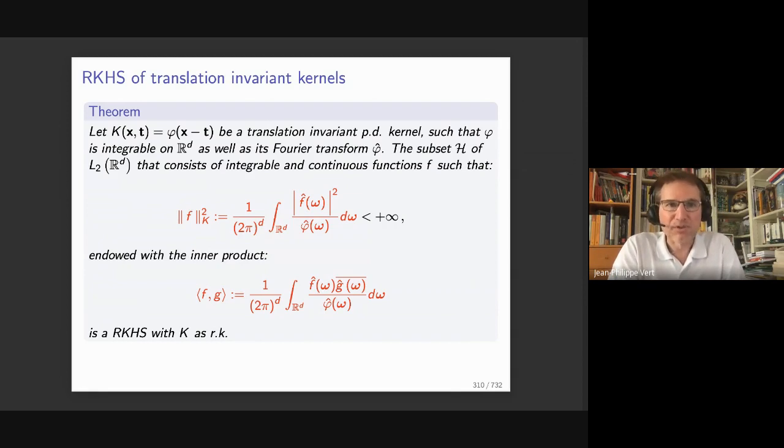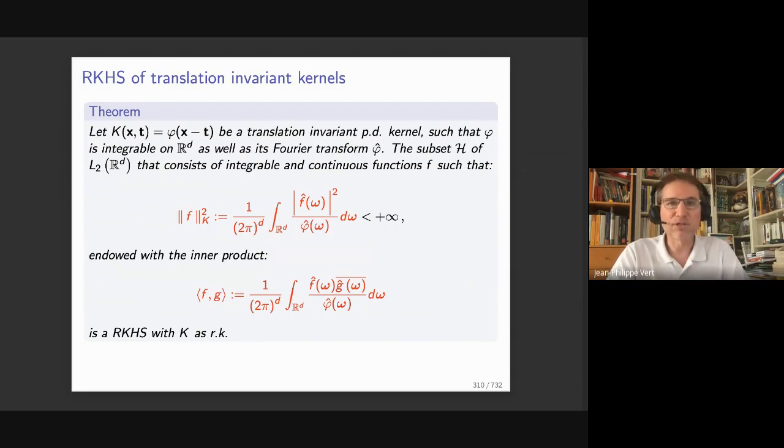So this is what's written here. Here we assume a couple more things about phi. We assume that phi is integrable over R^d, and that its Fourier transform phi hat is integrable as well. Up to now we focused on Fourier transforms of measures. This is the generic setting for Bochner's Theorem. But to describe the RKHS, now we restrict ourselves to a subclass of functions.